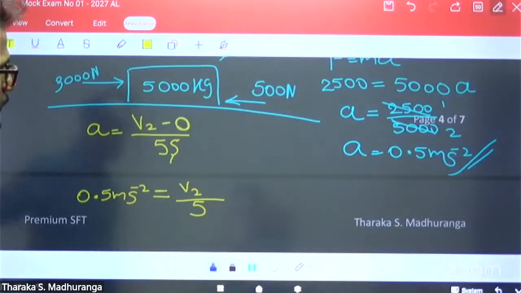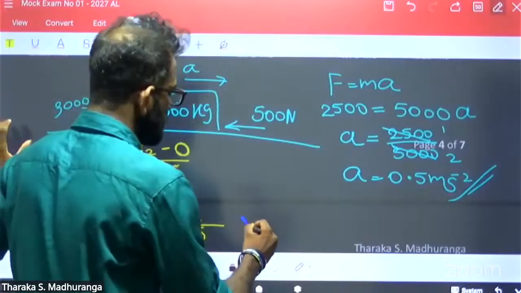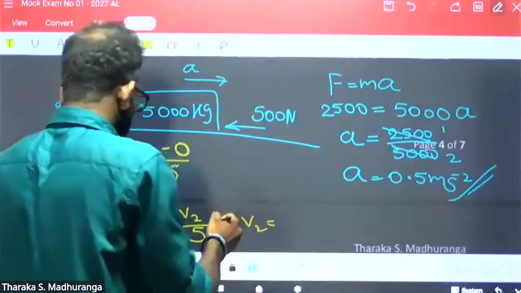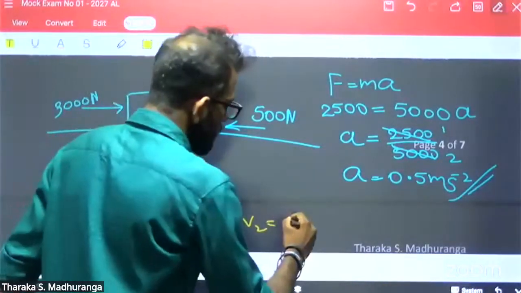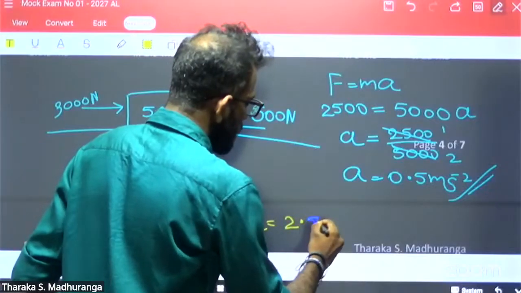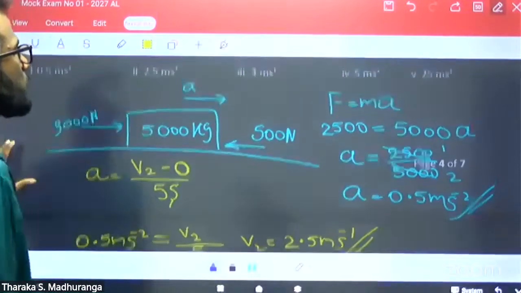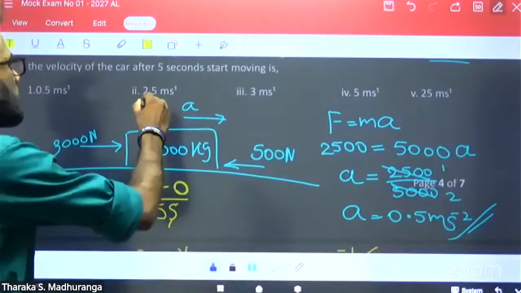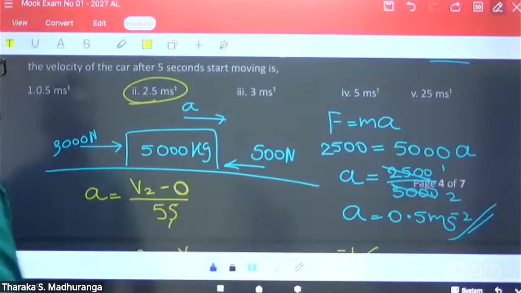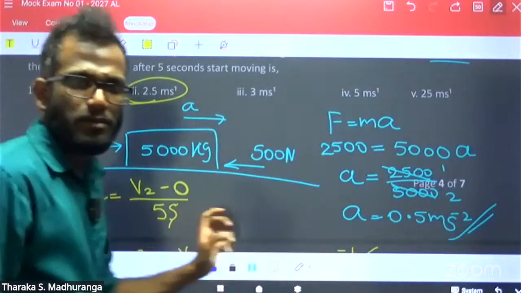We can isolate v2 by cross multiplication. The v2 equals 5 times 0.5, 2.5 m/s. Velocity 2.5 m/s. Answer number 2.